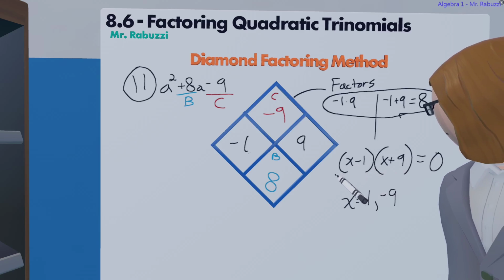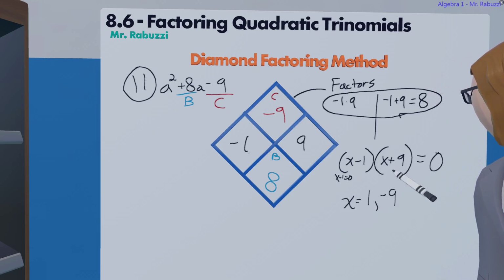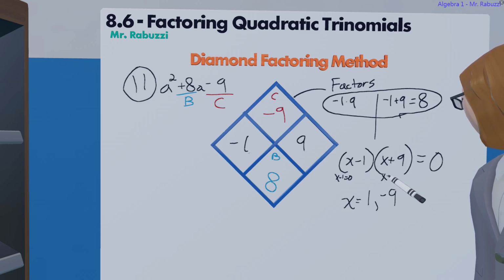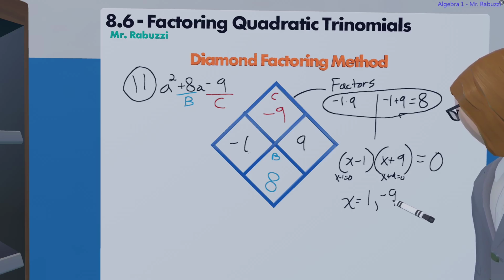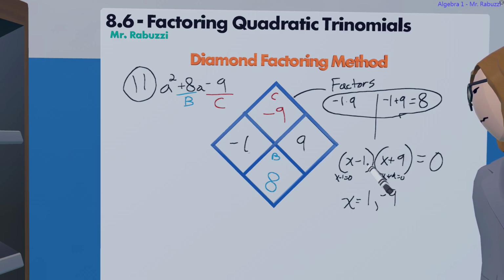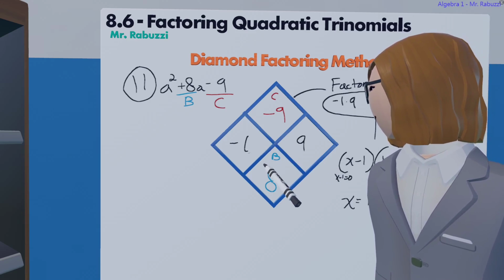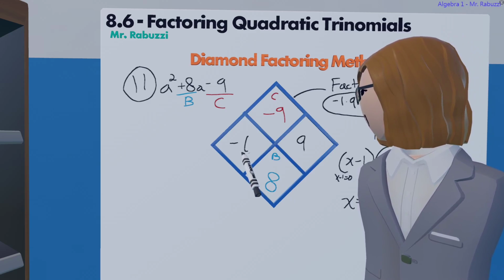We can make this x minus 1 equals 0. And we can solve that to get 1. Same thing on this side. We could do x plus 9 equals 0 and solve it. But we learned that the pattern is whatever we get in these two boxes, our answers will be the opposite. So instead of -1, 1.